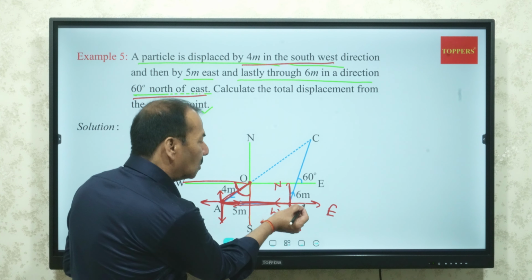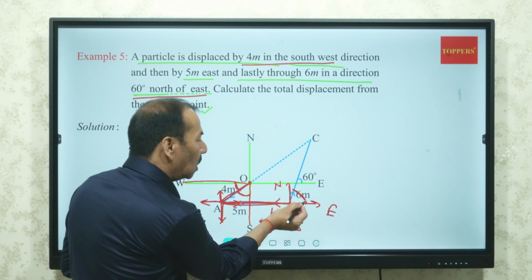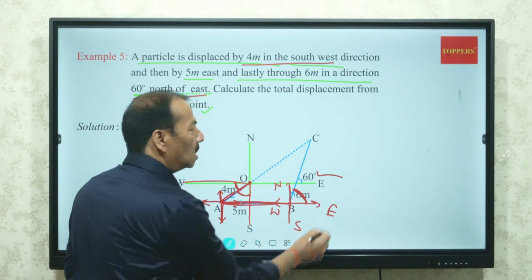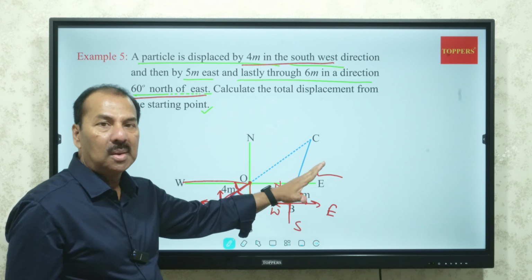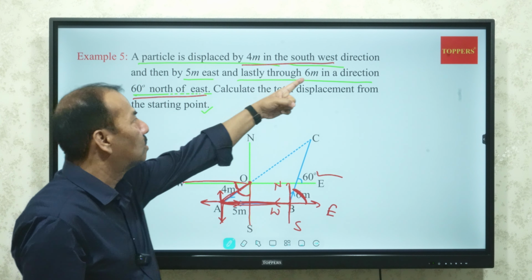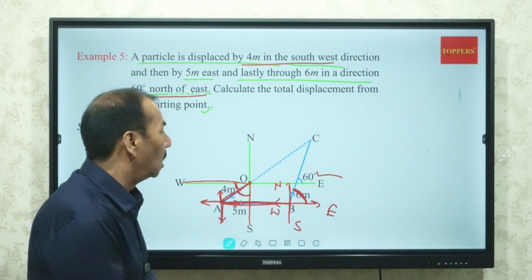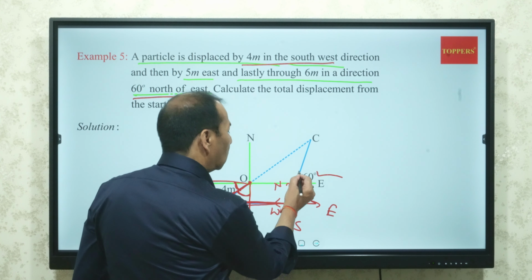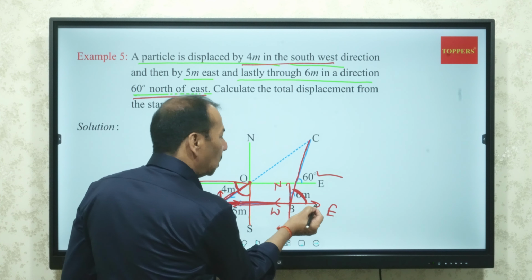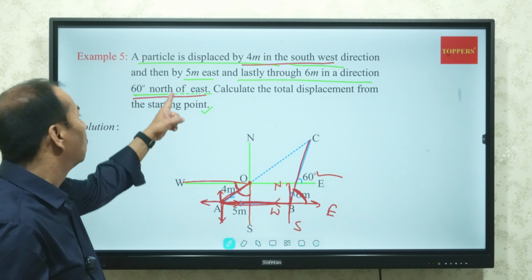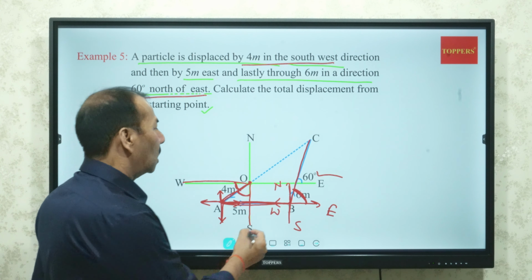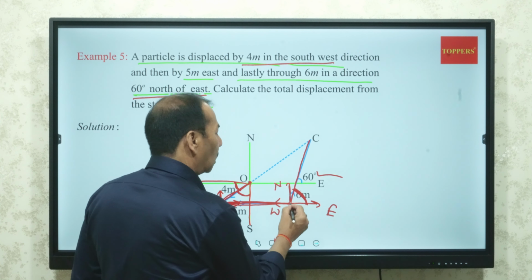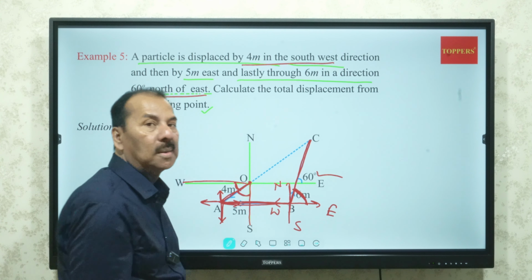So this is your angle 60 degree, and that is the displacement of the particle from this point. So 6 meter at an angle of 60 degree from east to north.